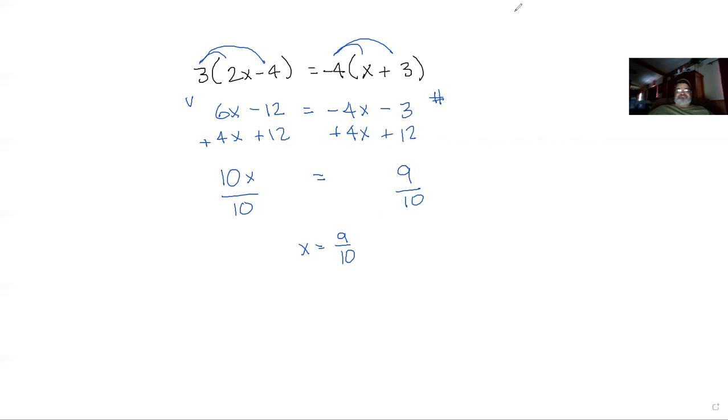All right, let's try one more. How about, let's say, negative 2. All right, so once again, we need to do some distribution here to clear out our grouping symbols.